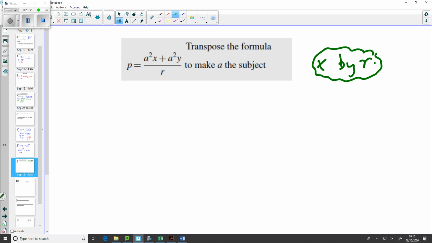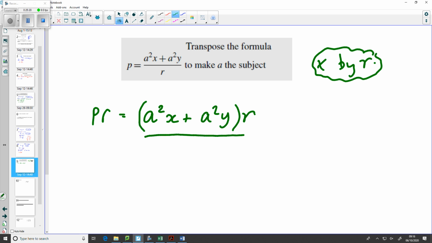So take that formula and we multiply by R. So we've got PR is equal to a squared x plus a squared y, all multiplied by r, divided by r.